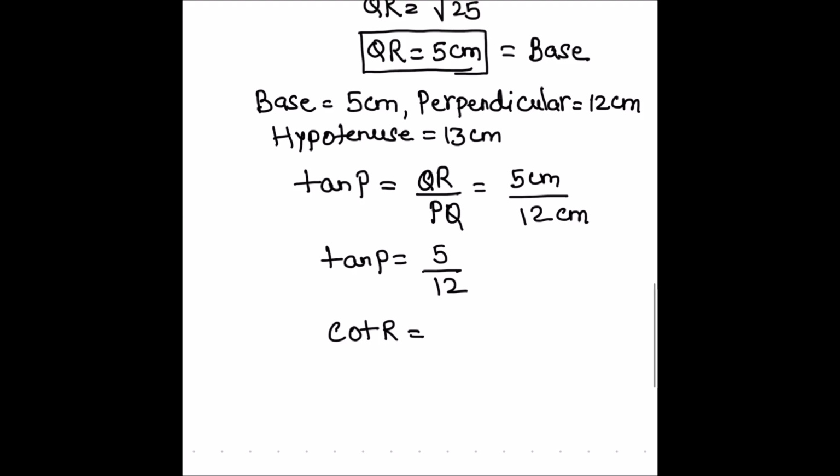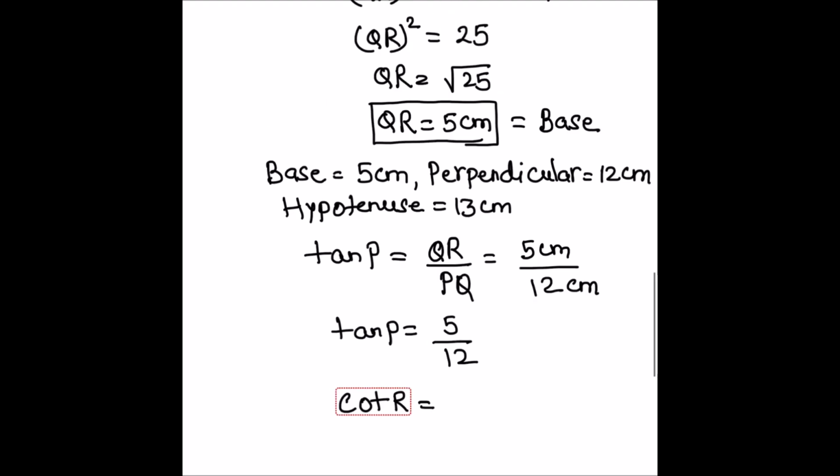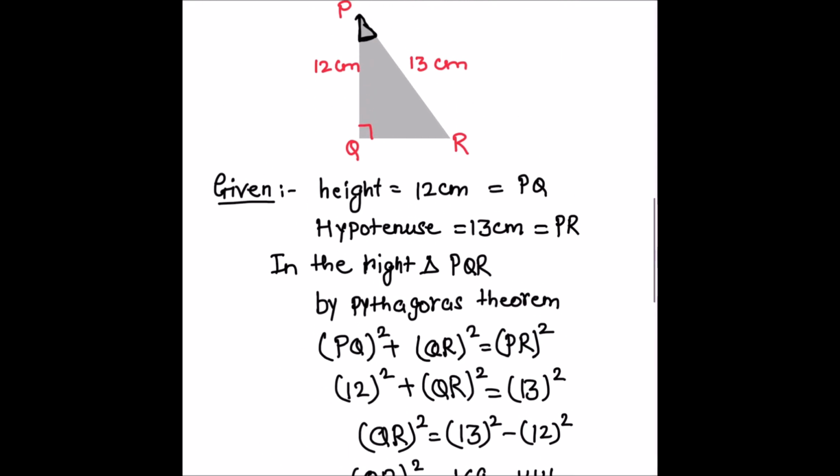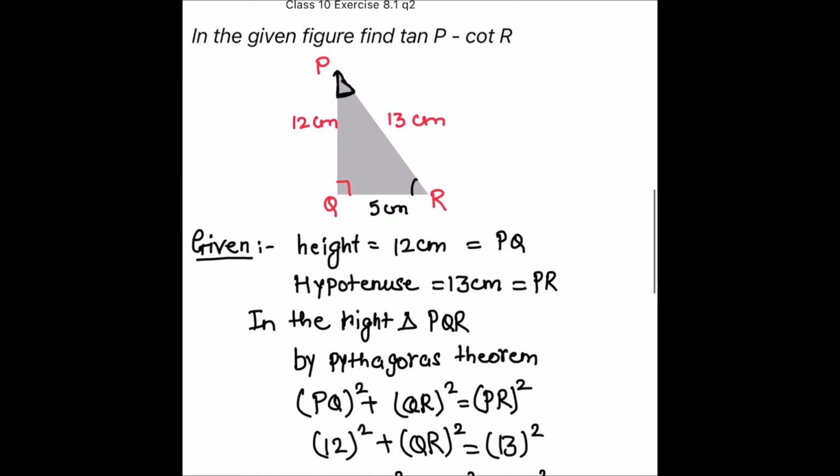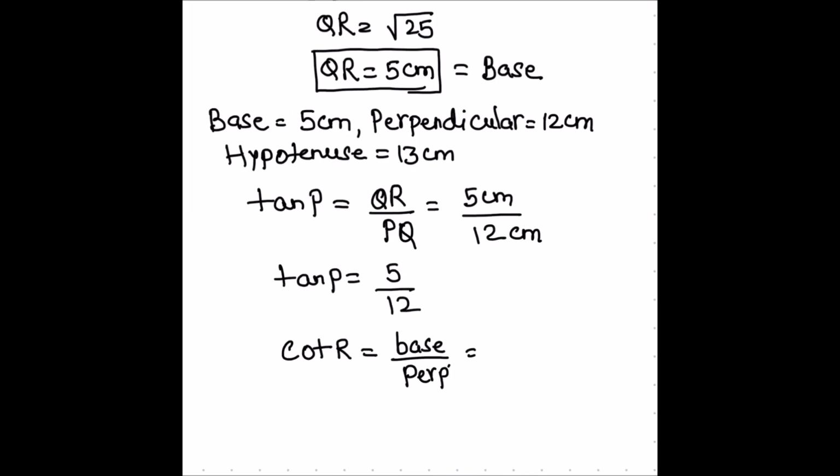So here we have to take R as the base angle. So R is base angle here. Cot R will be base upon perpendicular, which is QR upon PQ, which is same as TanP, which is 5 upon 12.